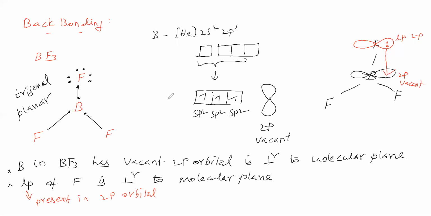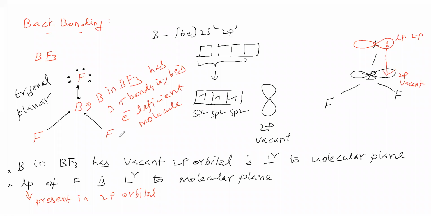Why is BF3 going for back bonding? What is the necessity of back bonding for BF3? That we will see. Boron in BF3 has 3 sigma bonds, which means 6 electrons, which means it is electron deficient as per the octet rule. Therefore, it is an electron deficient molecule.